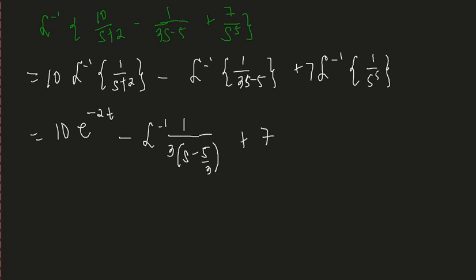so 7. So this will automatically be equal to the factorial formula. We have t raised to n is equal to n factorial all over s raised to n plus 1.